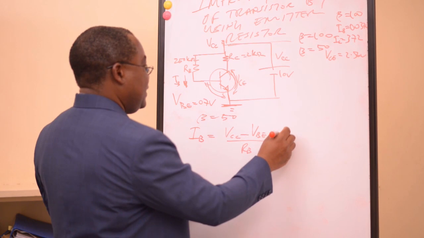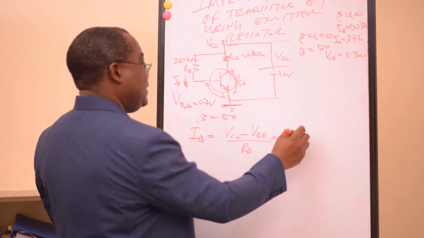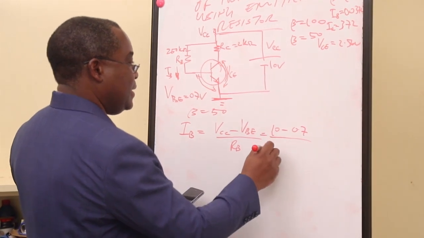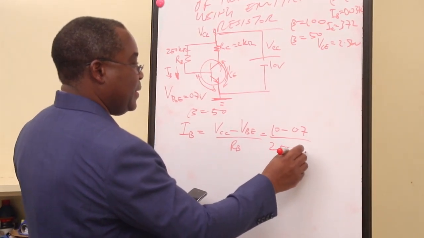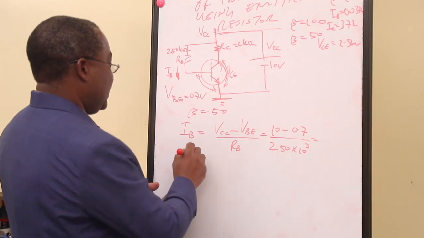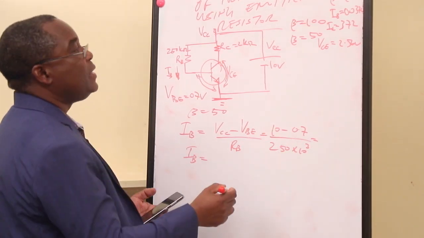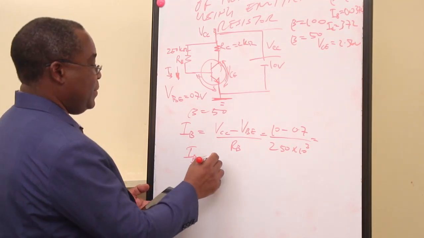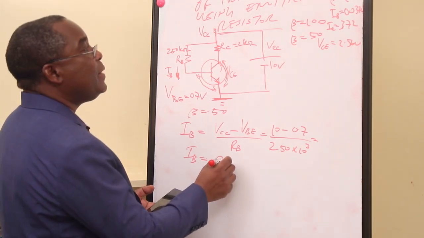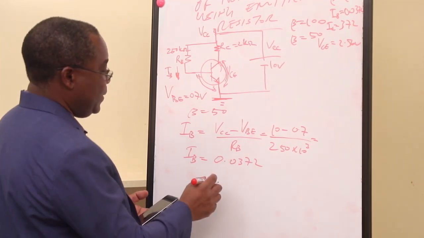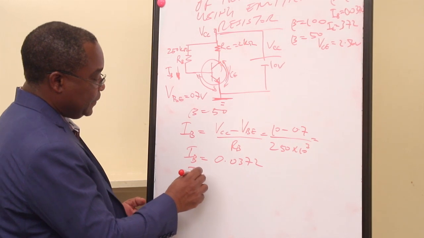Our VCC is 10 minus VBE 0.7 over RB, which is 250 times 10 to the power 3. Our IB is just simple algebra, the same as the former one, 0.0372. This is IB.